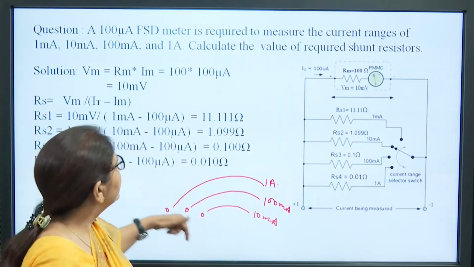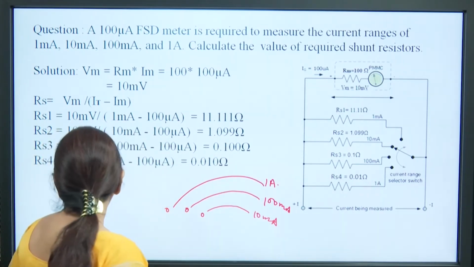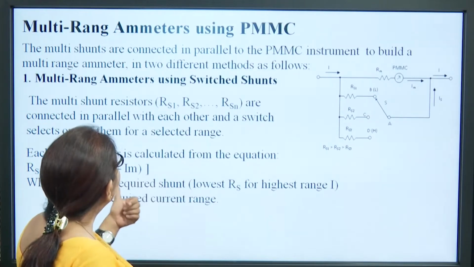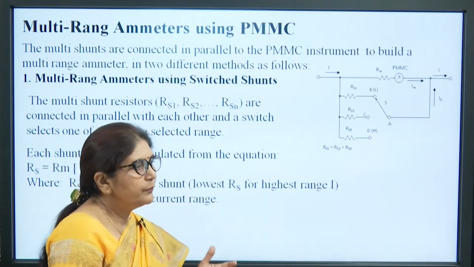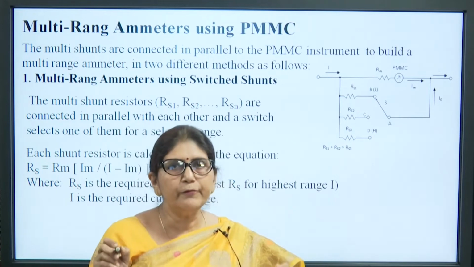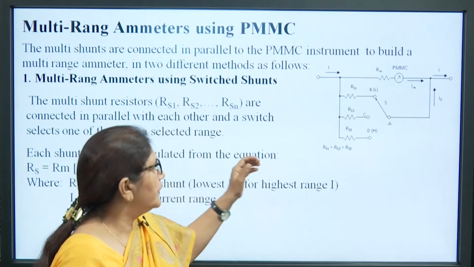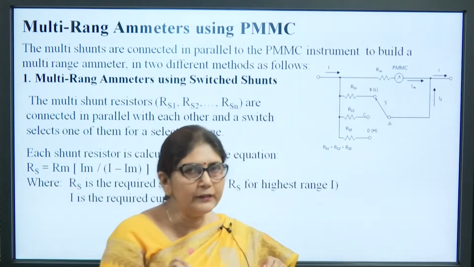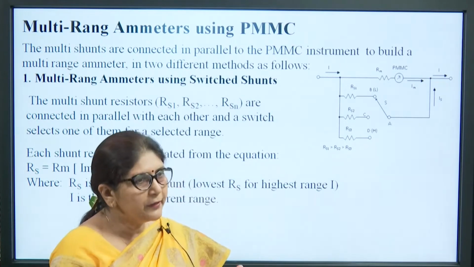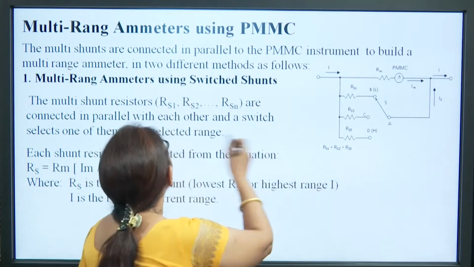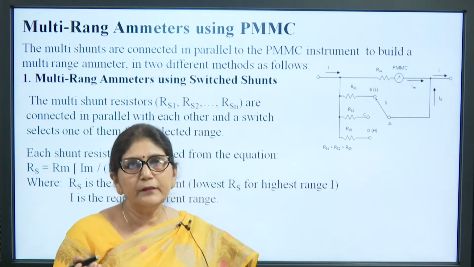For this reason we have to make a meter that can measure many values of current. So, for this we need to place shunt resistances of multiple values. So, here this is a multi-range ammeter.